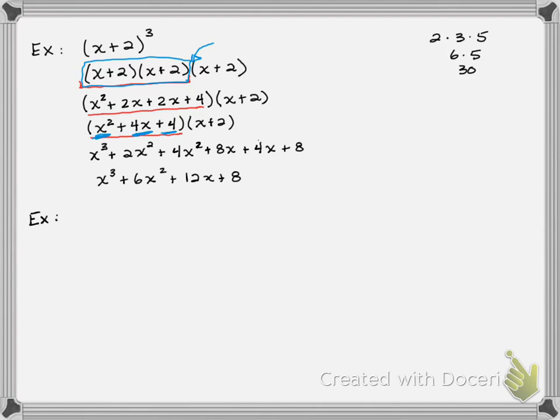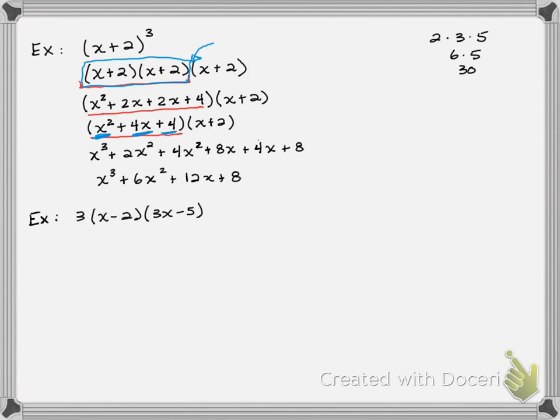So one that you'll see pretty often is like 3 times x minus 2 times 3x minus 5. So where you have a monomial times 2 binomials. Now when you multiply 3 factors, you can do it in any order you want.